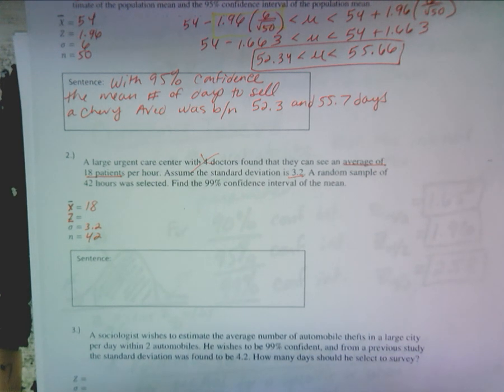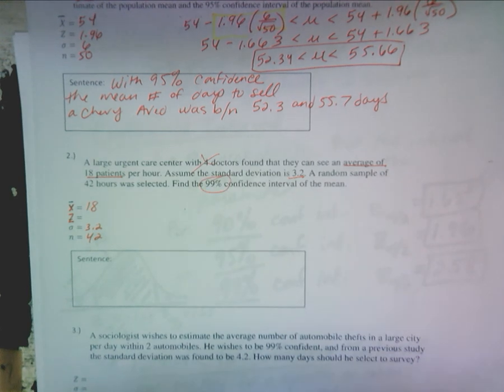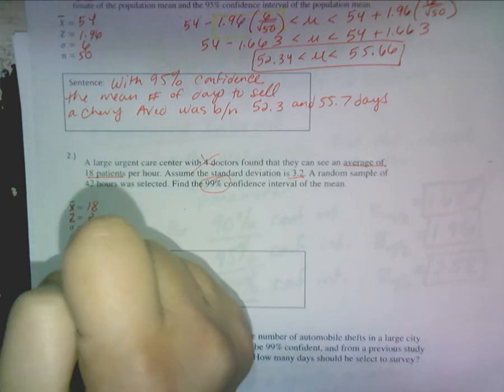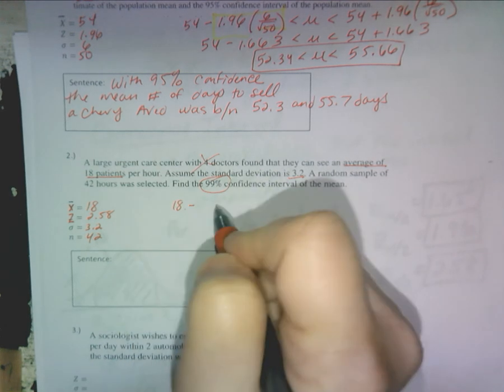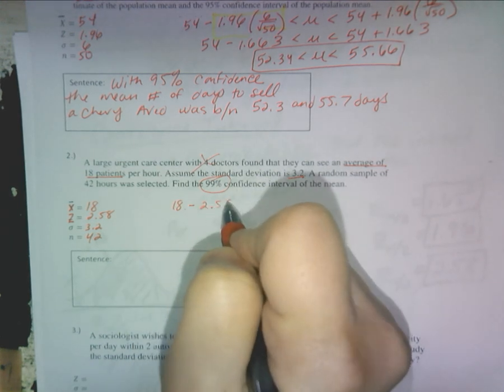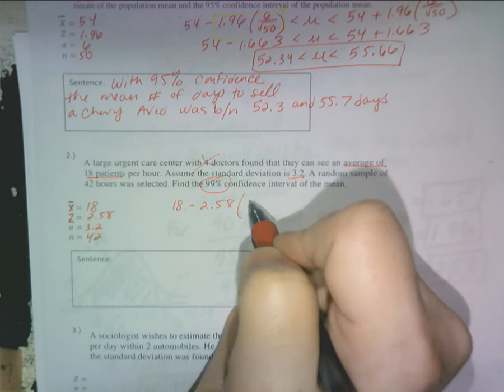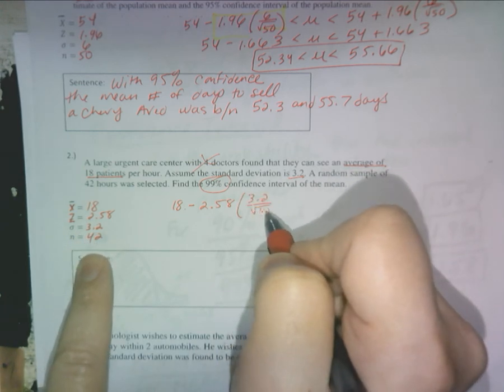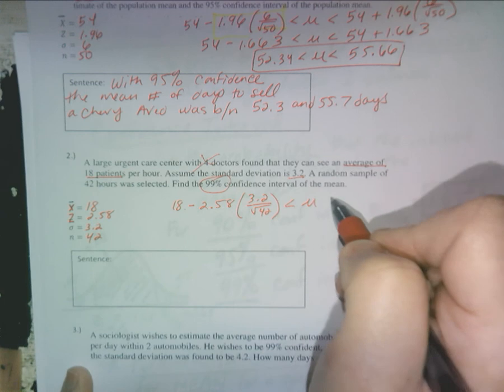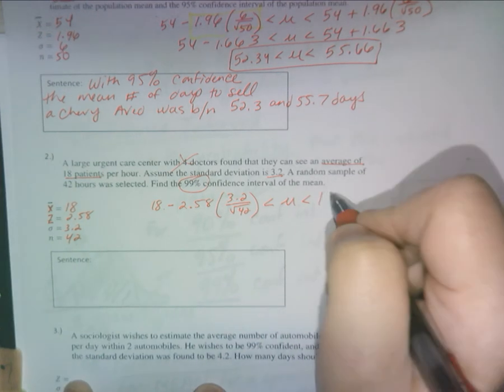Hey, and what's my Z then if I have a 99% confidence? There you go. Okay. So 18 minus 2.58, your Z, times your standard deviation divided by the square root of N. Tell me what you get. I'll give you a minute to kind of figure this out.